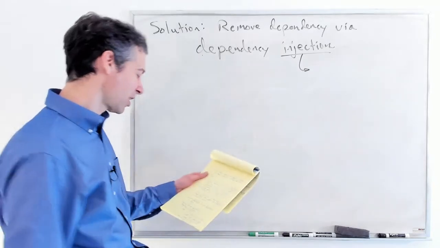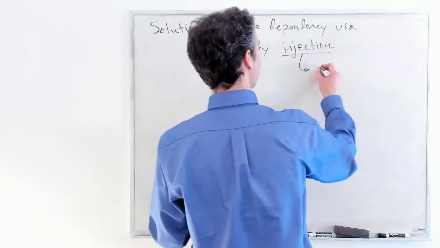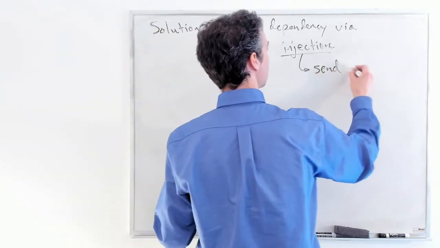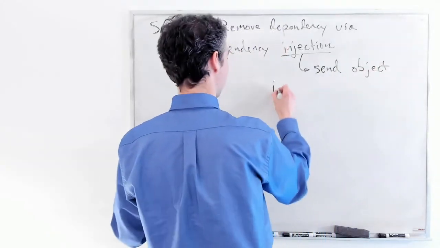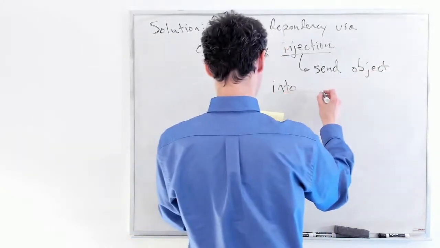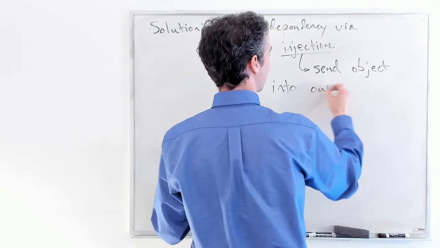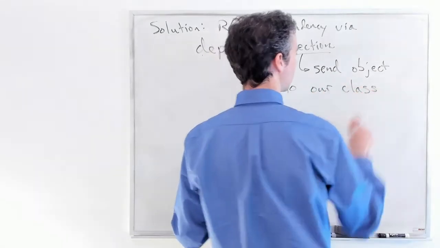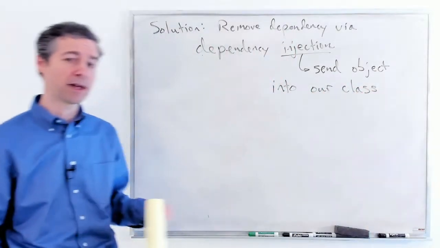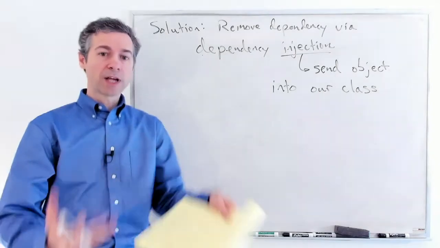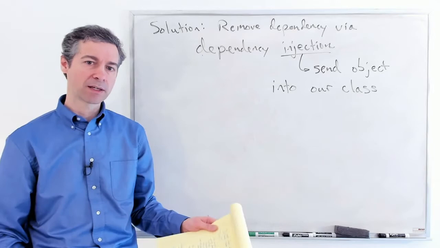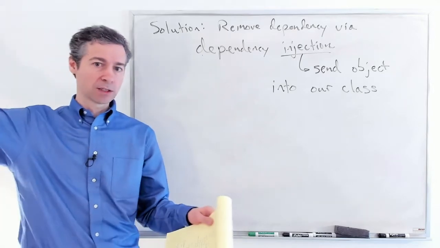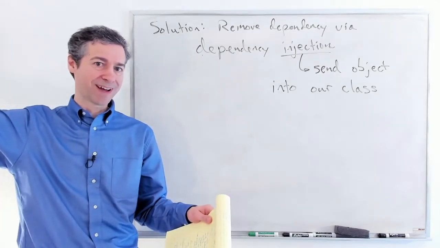No. So injection basically means that we need to send an object into our class. So we're going to send an object into the class rather than create it or access it from inside of our class without any knowledge about that happening from outside the class.